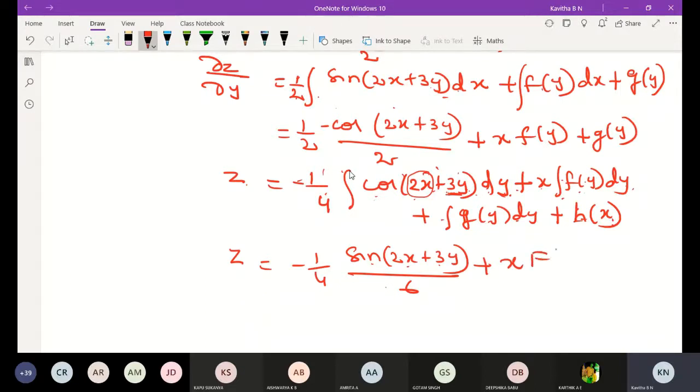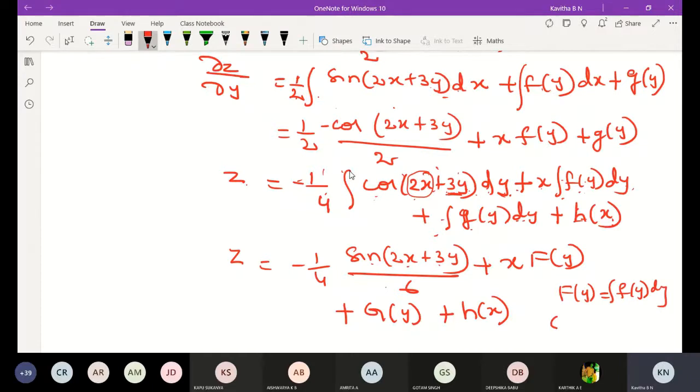We write capital F of y, plus integration of g of y into dy, we write capital G of y, plus h of x. Here capital F of y is the integration of f of y into dy, and capital G of y is nothing but the integration of g of y into dy.